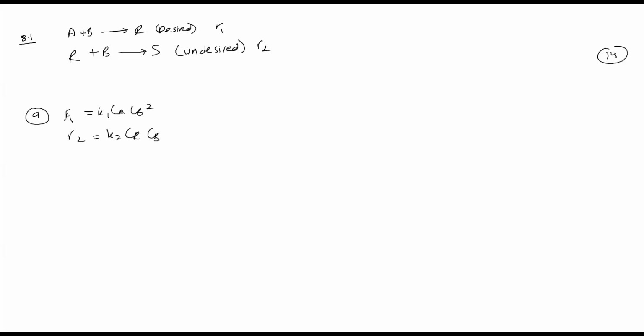So I want to maximize R1 compared to R2, right? If I calculate this ratio, R1 over R2 is equal to K1 over K2 times CA CB over CR. In order to maximize this ratio, I want to keep CA and CB as high as possible. So I'm going to introduce them both into a PFR at the same time.